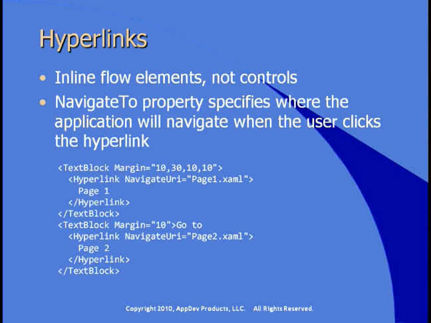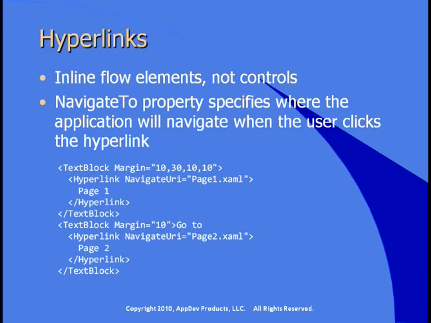I have a text block that says page 1, and then that text is surrounded by a hyperlink element. So when the user clicks page 1, the application will navigate to page 1. In the second example, the text block says go to page 2, and the page 2 is underlined, and that represents the hyperlink. So as you can see, the hyperlink is not actually a control, it's an inline element.